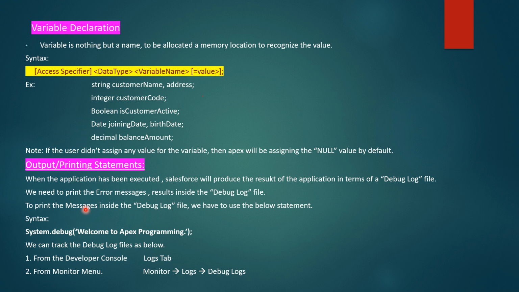When we are executing and need to verify whether it is working fine or not, we can take the reference of the debug log file and check the result. We can track the debug log files from the Developer Console in the Logs tab, and also from the Monitor menu, going to Logs and Debug Logs.